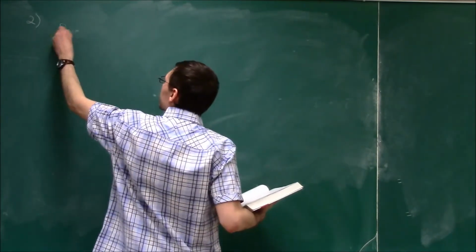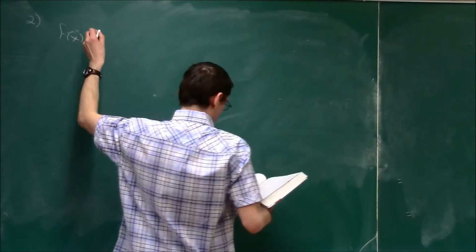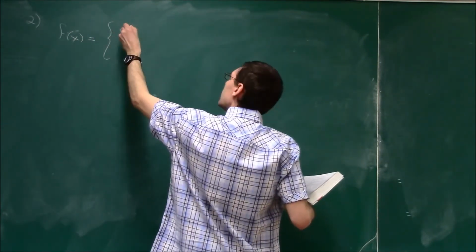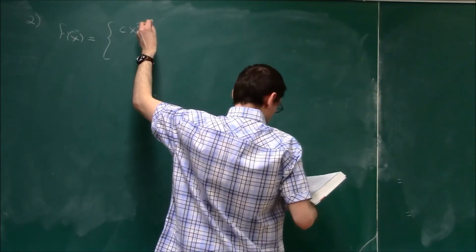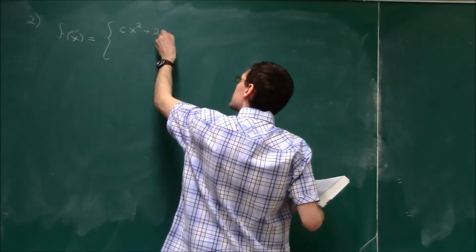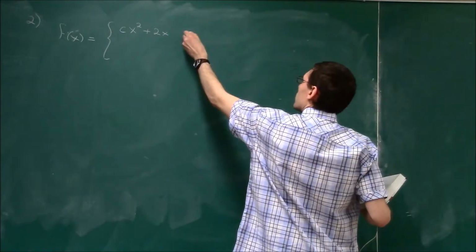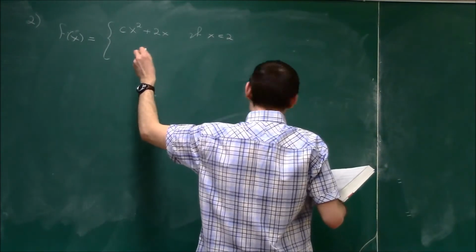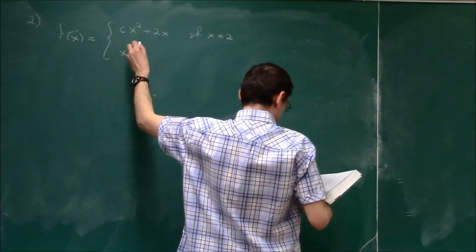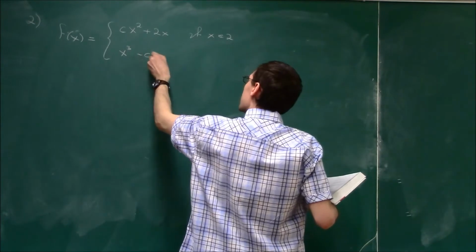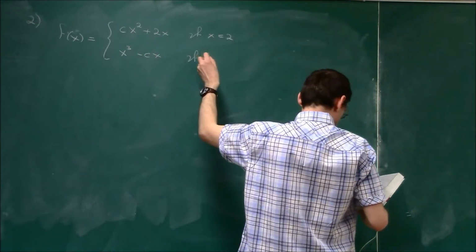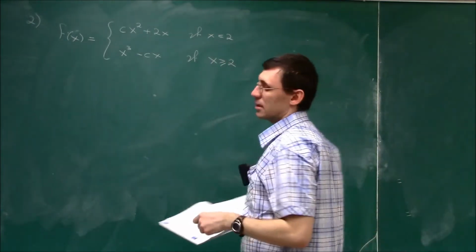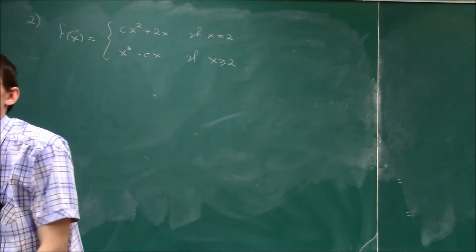So we have f of x equal to c x squared plus 2x if x is smaller than 2, and it's equal to x cubed minus cx if x is bigger than or equal to 2. For what values of c is this function continuous?